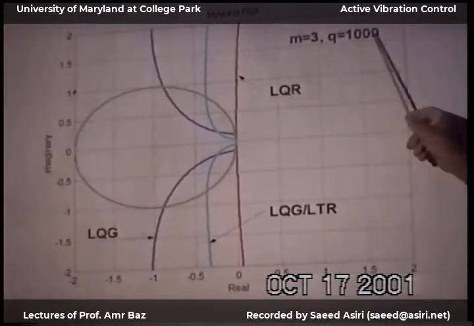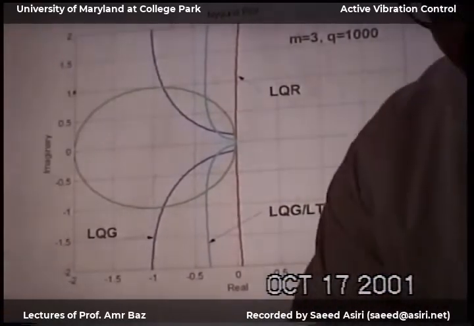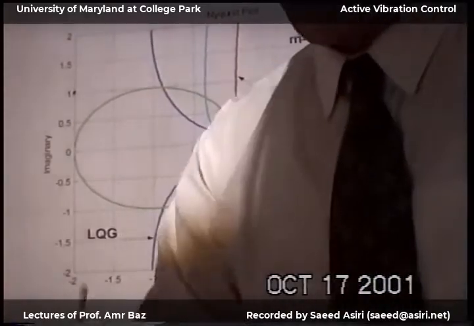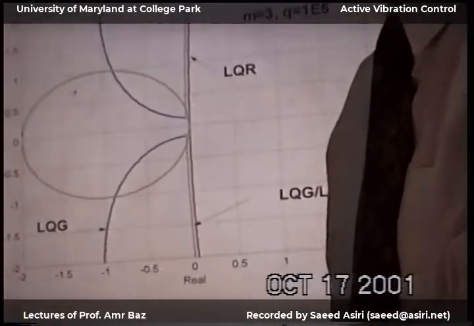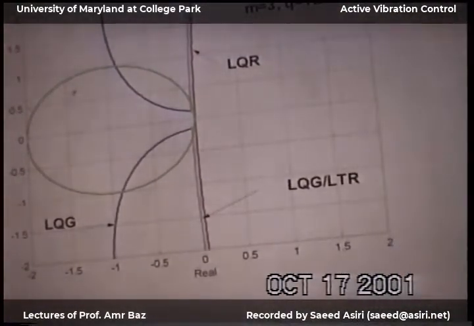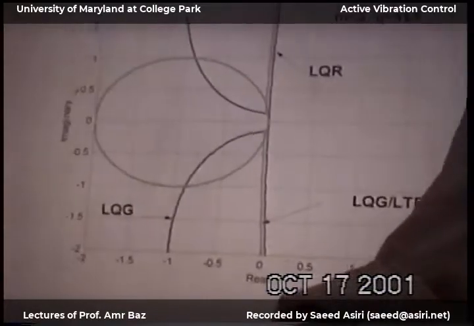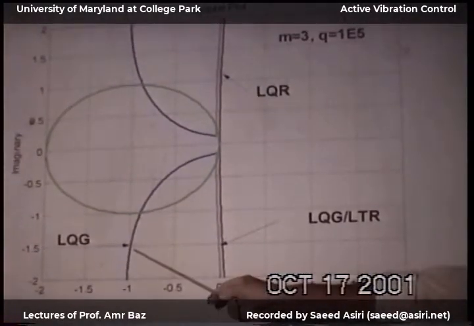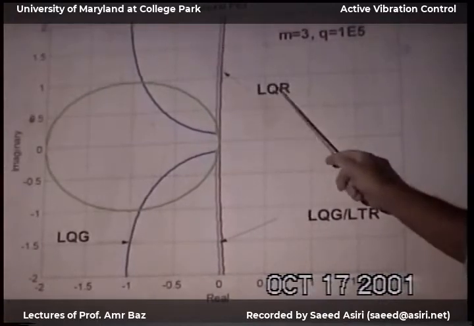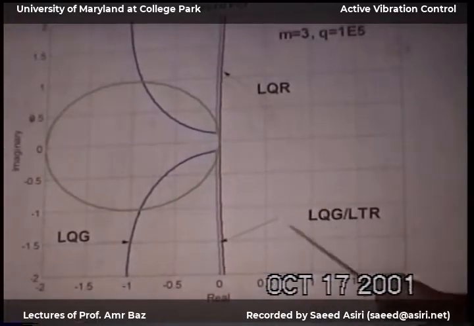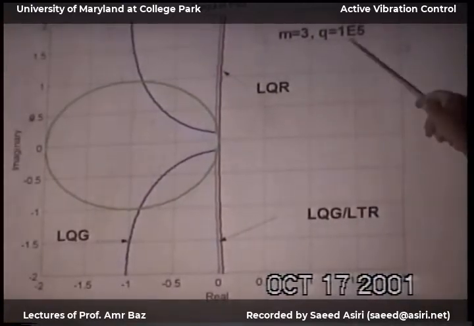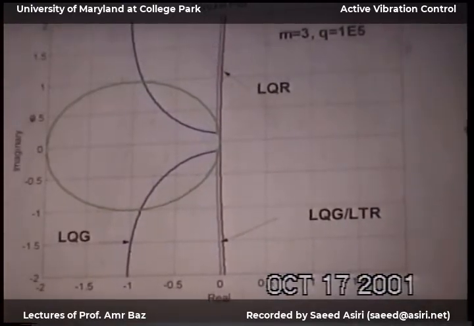Now I increase this number, Q, I make it bigger. Again, the LQG as it was, and then the LQR, the red line, and then the LTR recovers, and is almost on top of it when Q is a very large number.